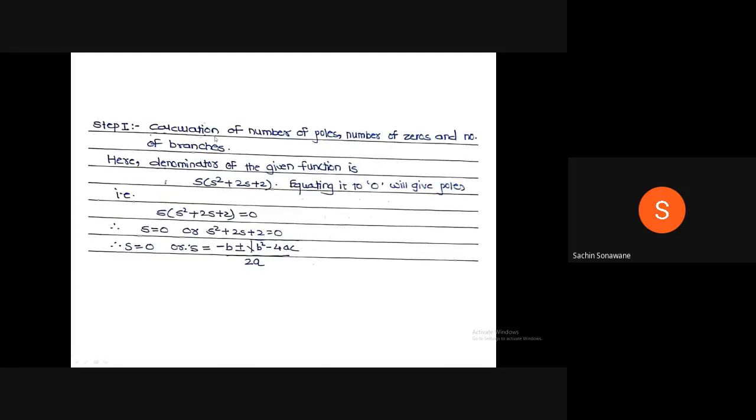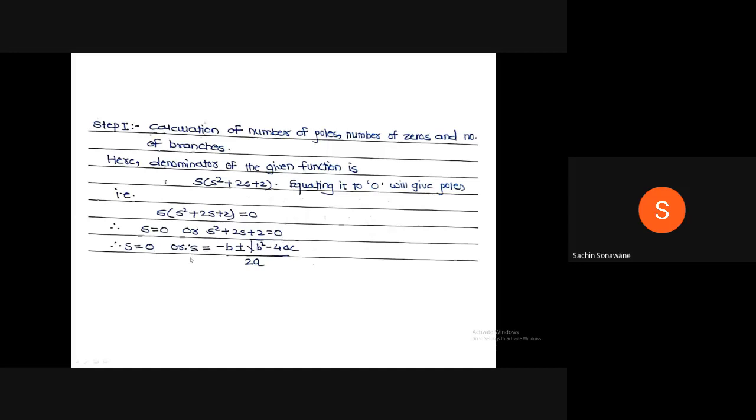Now step 1, calculation of number of poles, number of zeros and number of branches. Here the denominator of the given function is s into bracket s square plus 2s plus 2. Equating it to 0 will give poles, that is s into bracket s square plus 2s plus 2 is equal to 0. Therefore s is equal to 0, or s square plus 2s plus 2 is equal to 0.